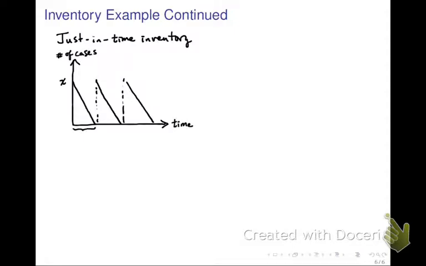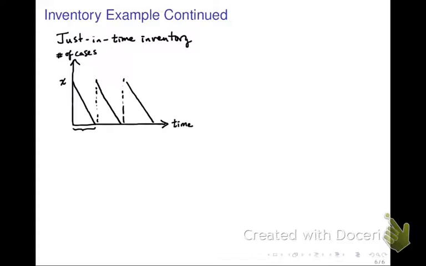If we plot time on the x-axis and the number of cases in storage on the y-axis, then at the beginning of the year, when time is equal to 0, we first order a shipment, and at that time we have x boxes in storage. As time goes on, the cases are being used at a constant rate, therefore explaining the linear behavior going downward to reach 0 on the x-axis.